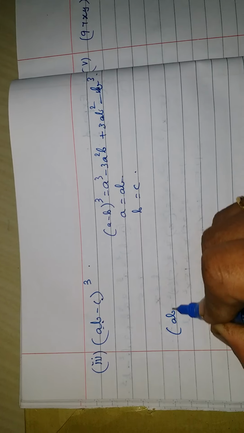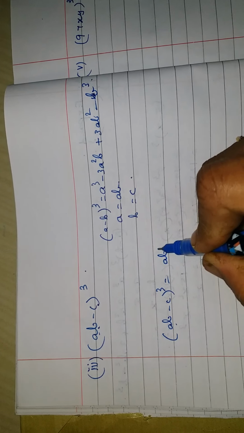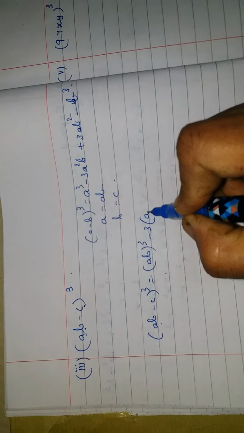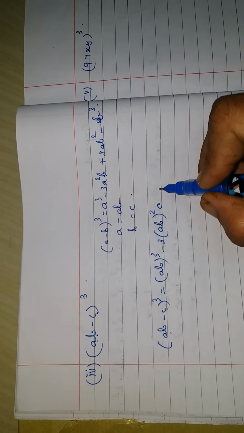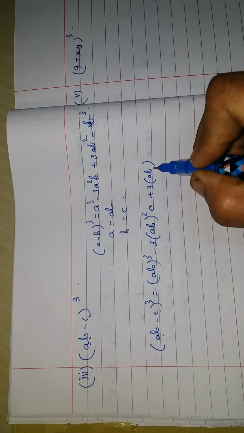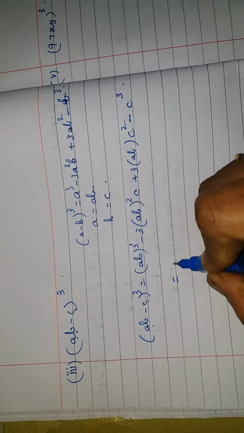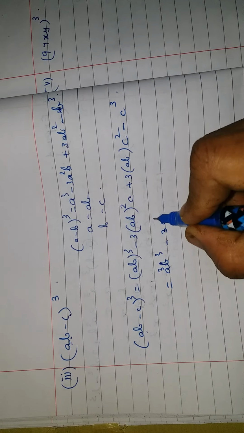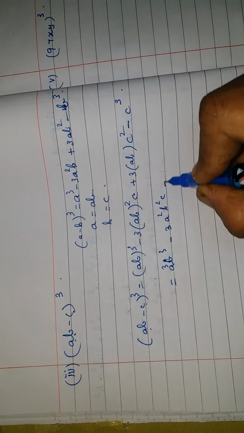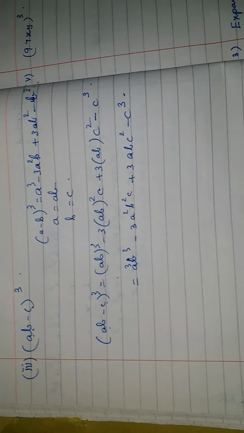Now you write (ab − c) the whole cube is equal to, wherever you have a you put ab: (ab) the whole cube minus 3 into (ab) the whole square into c plus 3 into ab into c square minus c cube. So it is equal to a cube b cube minus 3a square b square c plus 3abc square minus c cube. We can't simplify further, so leave it as it is.